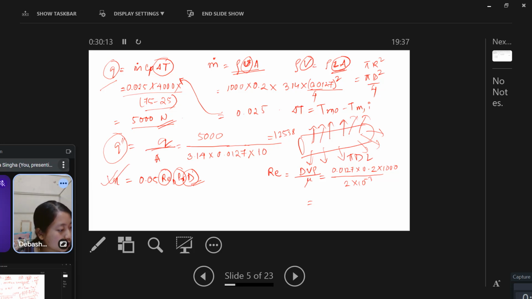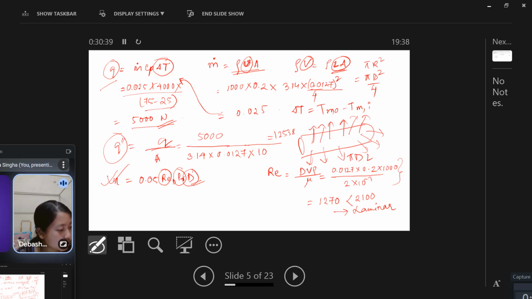So if you find out the Re, how much does it come? 1270. Yes. Is it laminar or turbulent? Yeah, it's laminar.